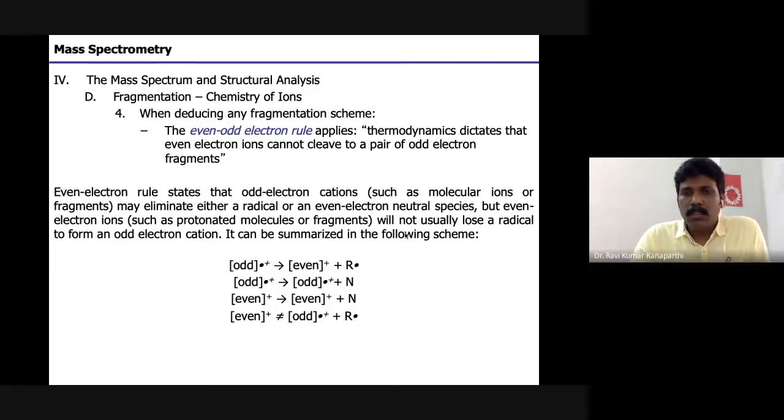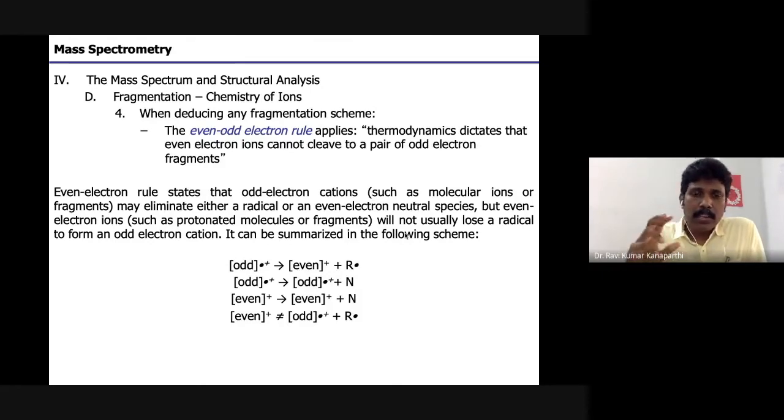what are those? I already gave the clue previously. The molecular ion is the odd electron species, right? The molecular ion is formed because one electron is knocked out by the electron beam. Therefore, it is always said to be an odd electron species. From the odd electron species, it can cleave to give one radical and one even electron species.